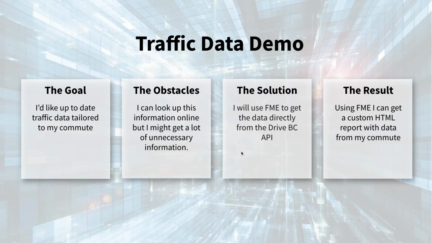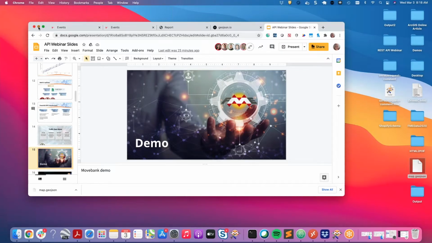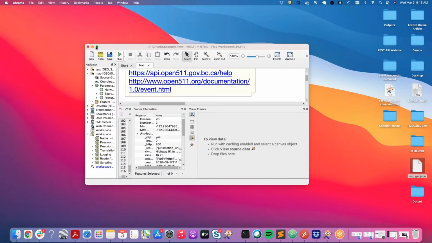So the solution is to use FME. I could use FME to get data directly from the DriveBC API. And my result is I can create a custom HTML page with my commute information. So I'll show this off in a demo.